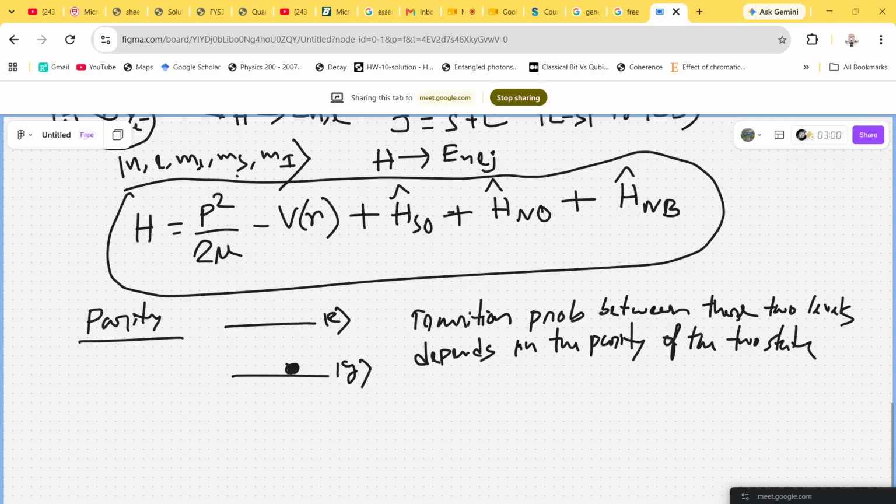Whether this electron can transit to the excited state depends on the parity also.